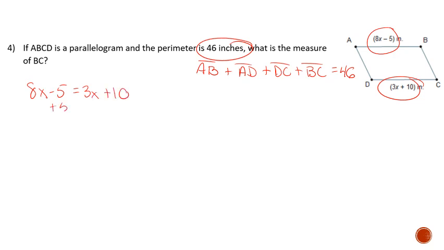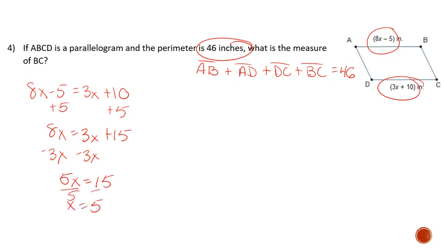So if I were to go ahead and combine my like terms, I have 8x equals 3x plus 15. I subtract my 3x, I have 5x equals 15. Sorry, x should equal 3. So x equals 3 after you divide by 5.